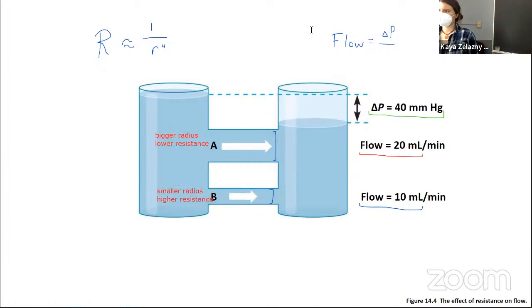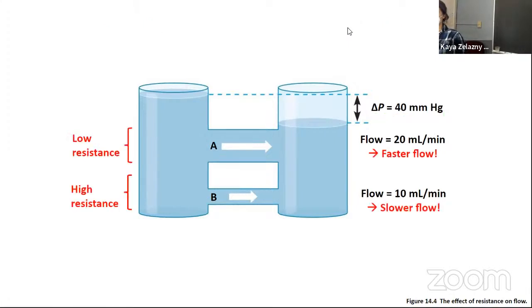So when we divide by that bigger number for B, we get a smaller flow. So low resistance for situation A, high resistance for situation B. This means that even with the same difference in pressure, we're changing our flow rate.